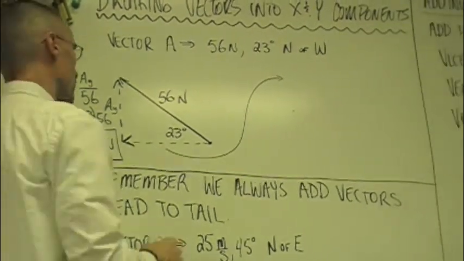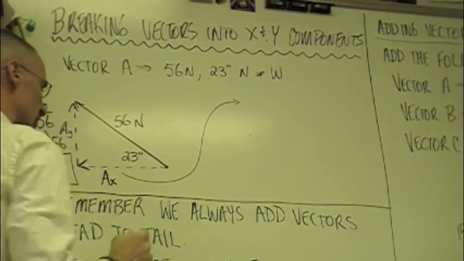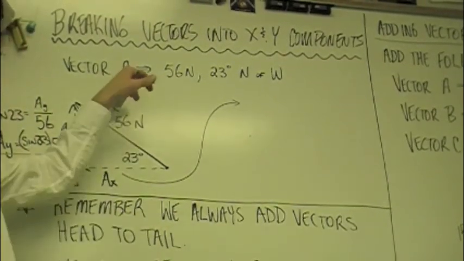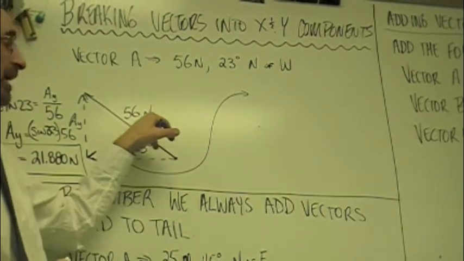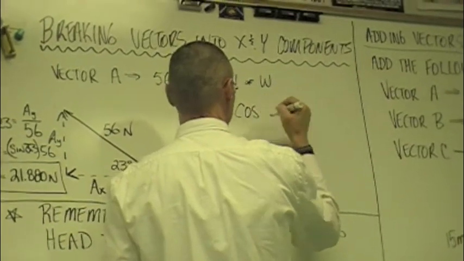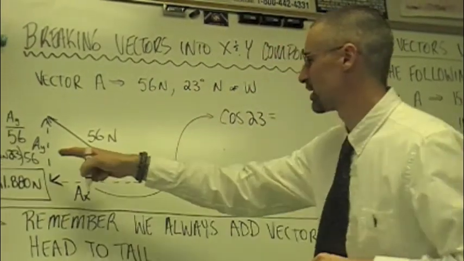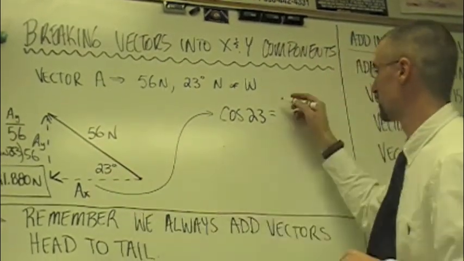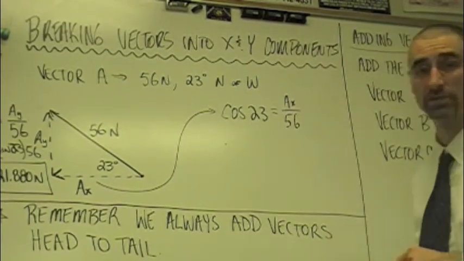Okay. Now, we're going to bounce over here to the x component. So we're going to call this AX, or the x component of vector A. And if we wanted to find that, guys, we have what? Adjacent and hypotenuse. So that would send us into the cosine function: cosine of 23 degrees equals adjacent, which is AX, all over hypotenuse, which is 56.